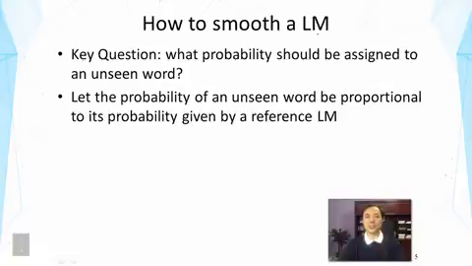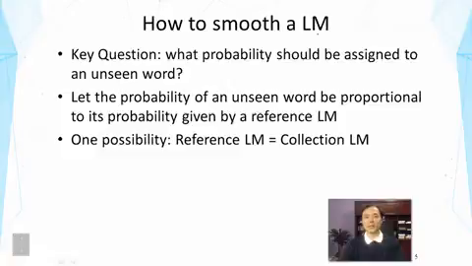It will tell us which unseen words will have likely a higher probability. In the case of retrieval, a natural choice would be to take the collection language model as the reference language model. That is to say, if we don't observe a word in the document, we're going to assume that the probability of this word would be proportional to the probability of the word in the whole collection.